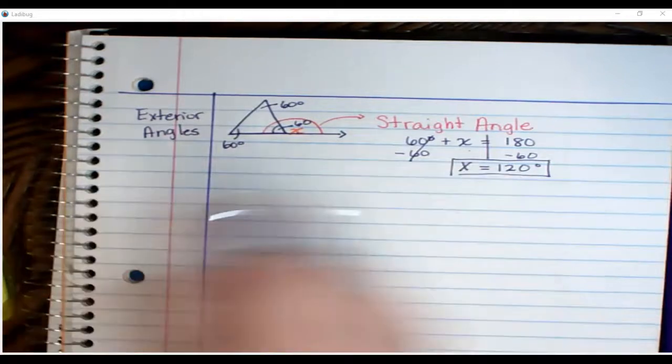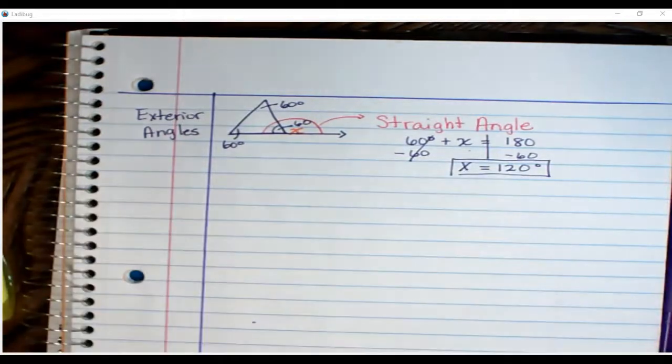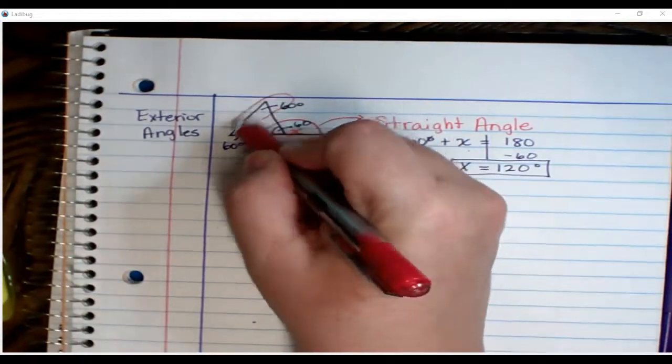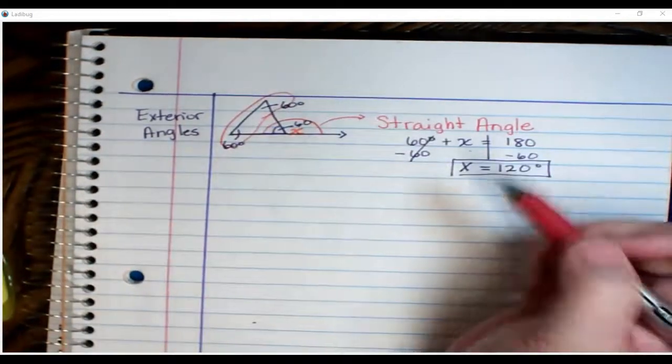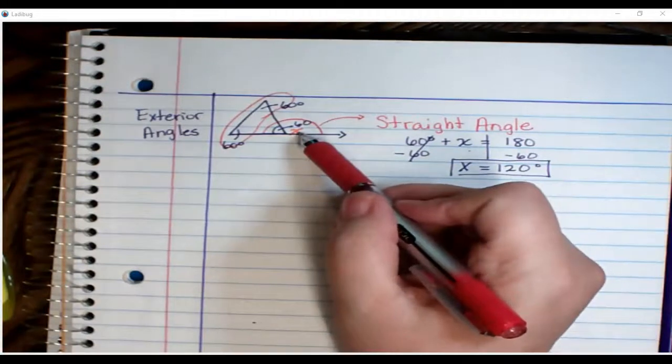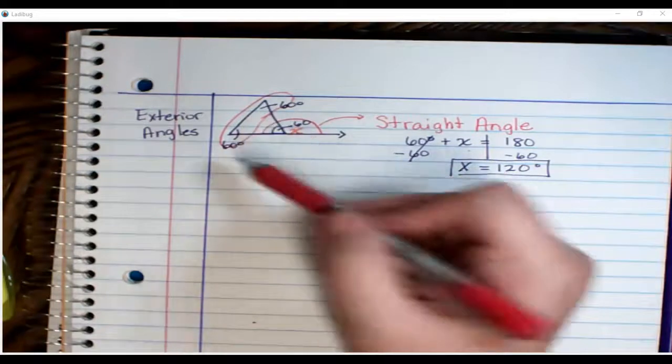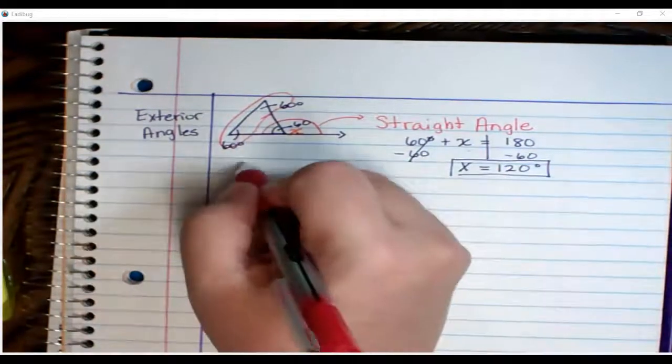But did you know there's another way I can even calculate this? Do you see these two angles right here, these opposite angles? My exterior angle is here, not the angle next to it, but the two that are on the opposite side of it. What happens if I add these up?